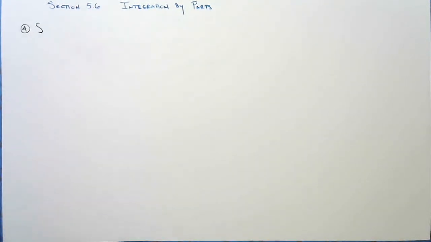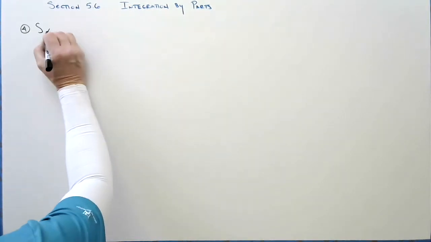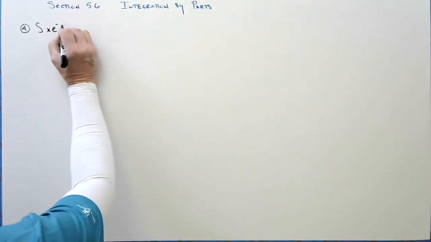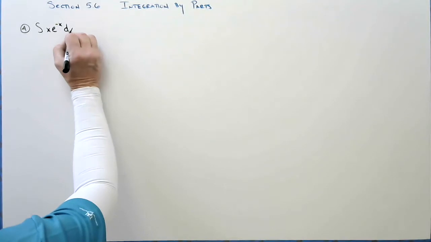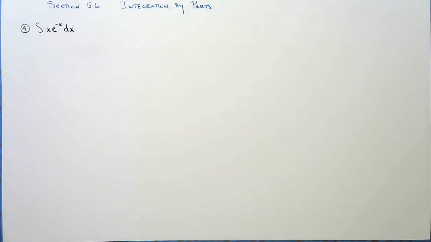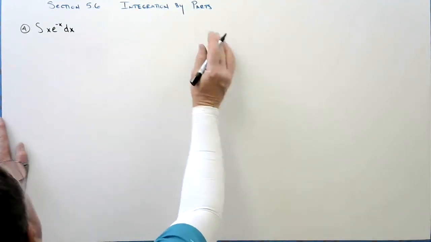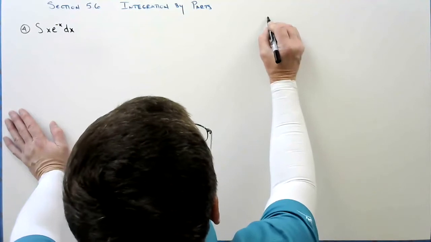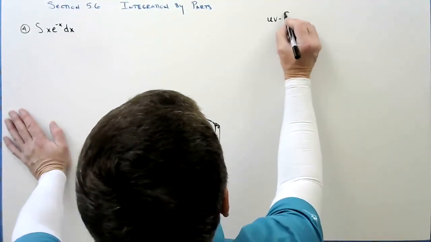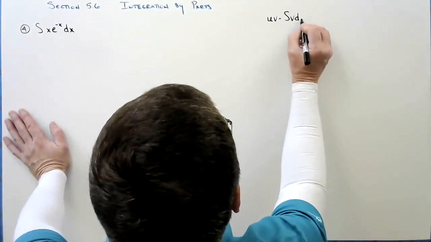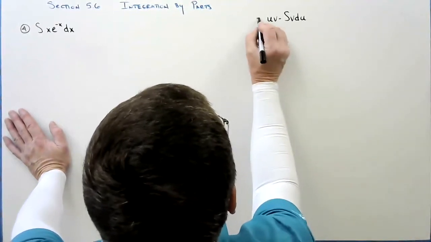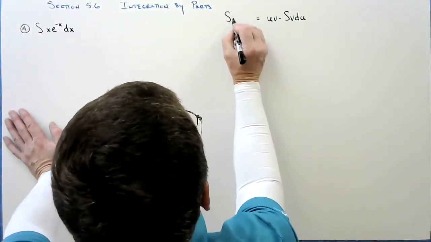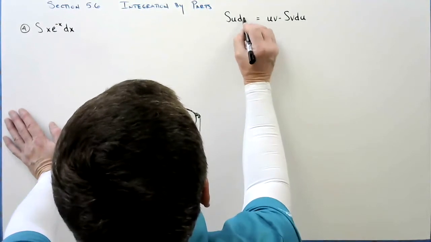The integral of x e to the minus x dx. Now our approach to solving integration by parts problems is, remember the formula. The formula is uv minus the integral of v du, and that is equal to the integral of u dv.